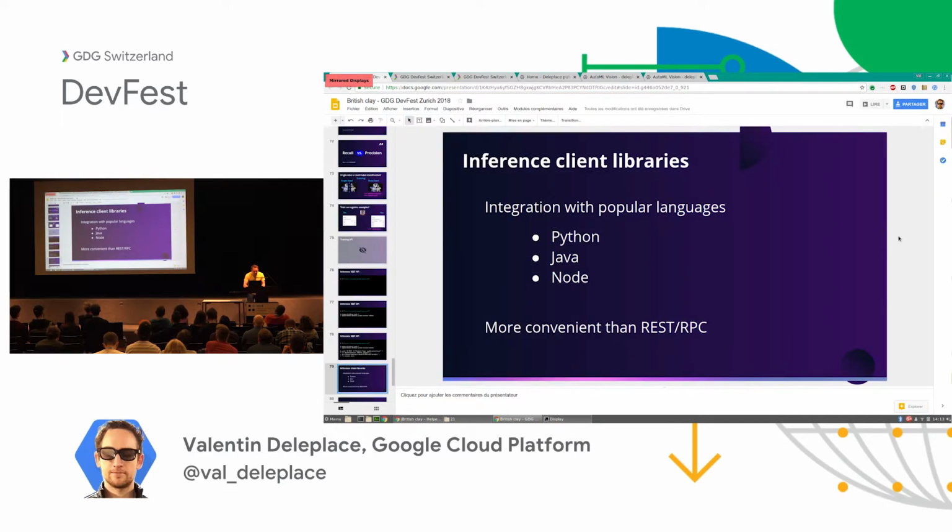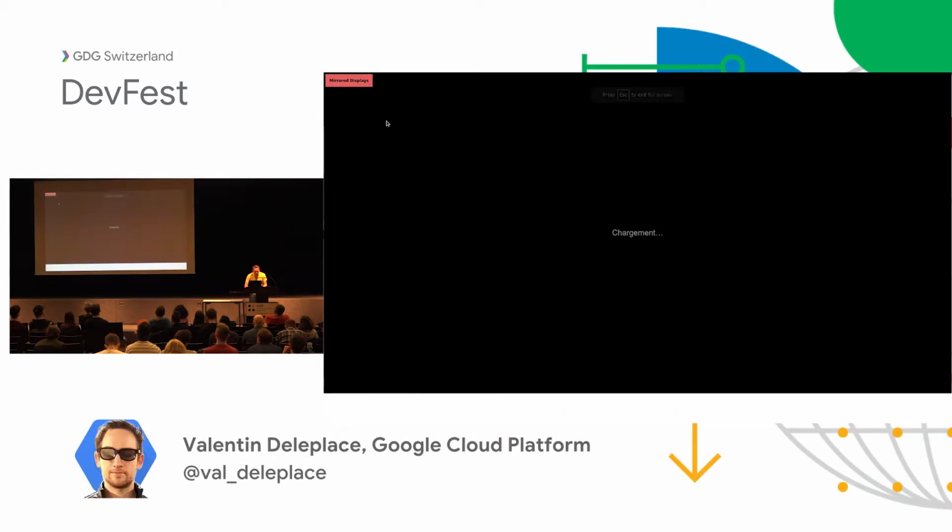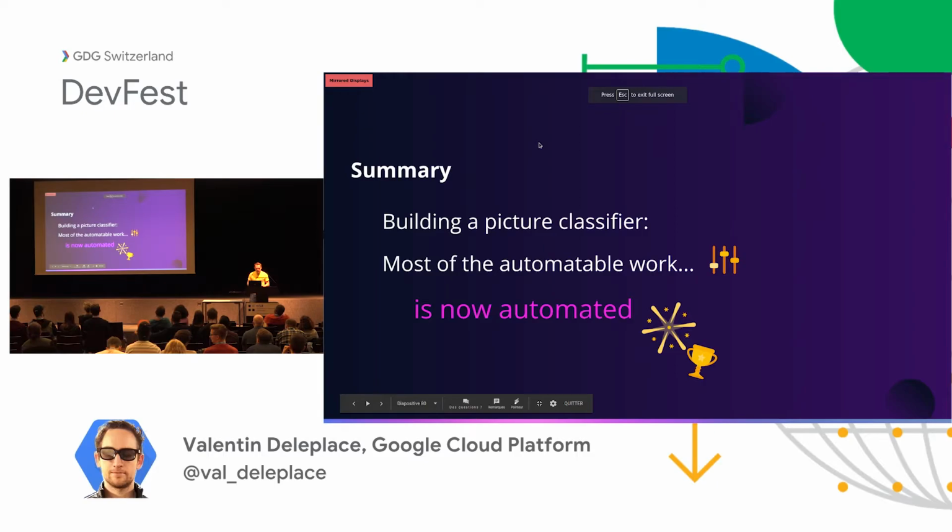Okay, back to the slides. So let's sum this up. Building a picture classifier is easy already. I really enjoyed using all of these tools because you don't have to be a data scientist to do that.